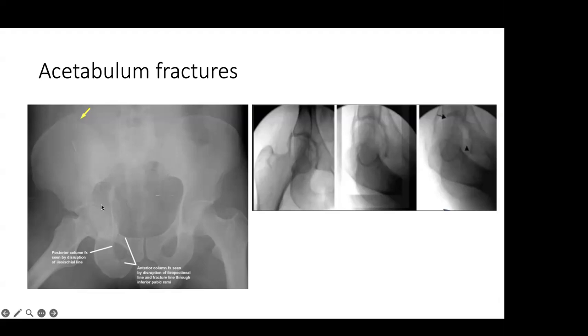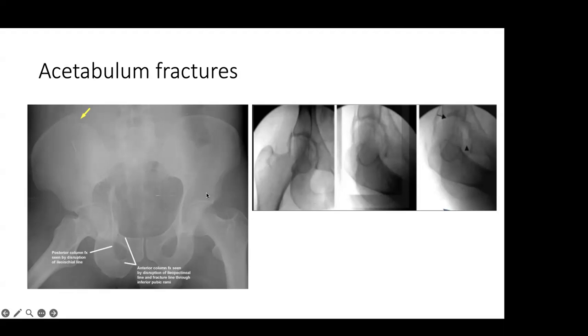You can see that the joint itself has been disrupted and the femoral head is protruding into the pelvis itself. So this would potentially require traction so that you can bring the hip joint back into alignment, and they don't suffer serious injury. These images over here show how a posterior wall fracture can lead to instability of the femoral head and the hip joint.